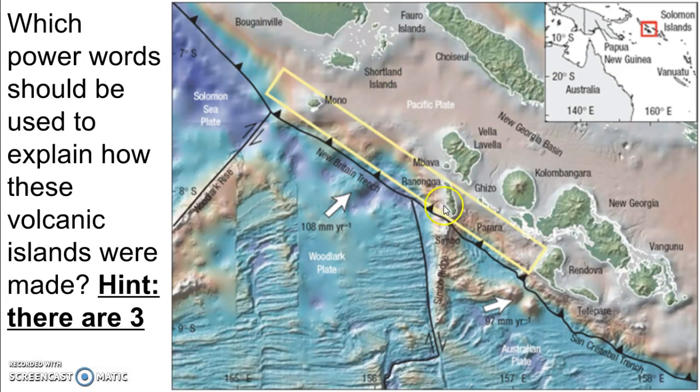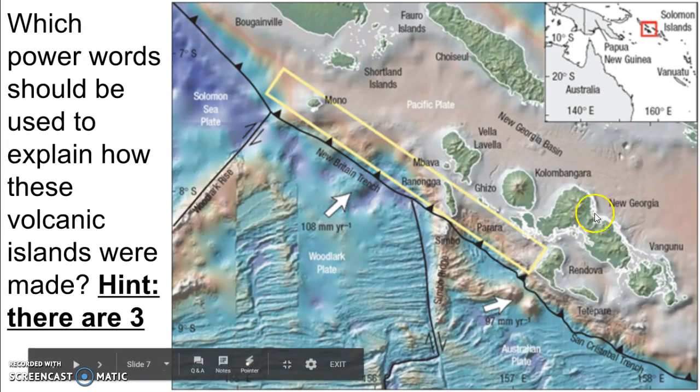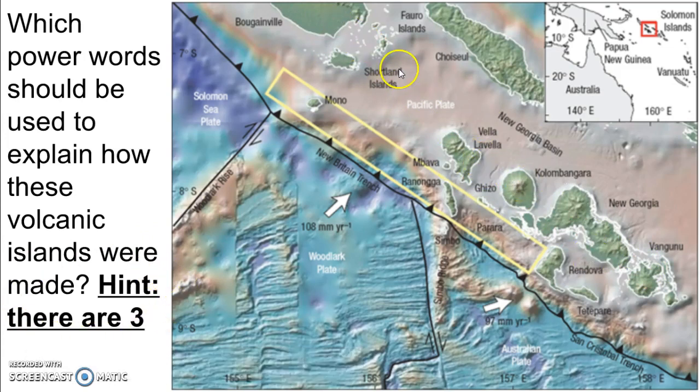With convergence and subduction here, you're going to get uplift away from that boundary a little bit. So the 3 words that should be used to describe how these volcanic islands were made are convergent, with subduction, and uplift.